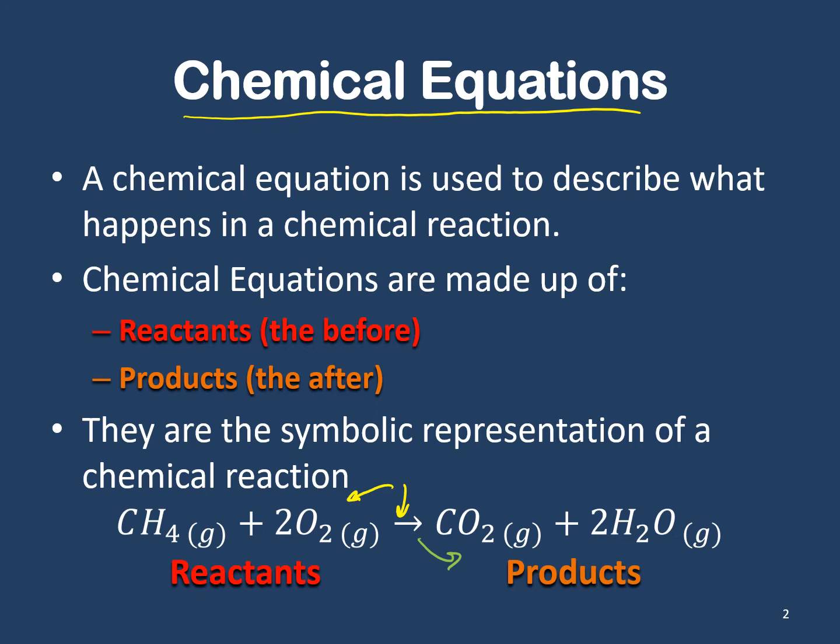And this is how we separate the before versus the after, right? The stuff that we start with, the reactants, are going to be on the left side again. And the stuff that is formed over the course of the chemical change or chemical reaction is the products, and that's going to always be on the right side of our arrow. We'll talk more about these numbers in front of our substances in probably the next lecture video.